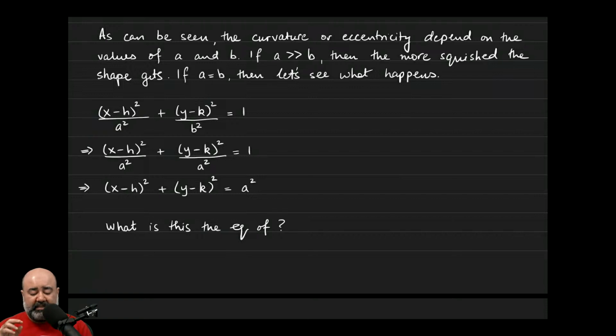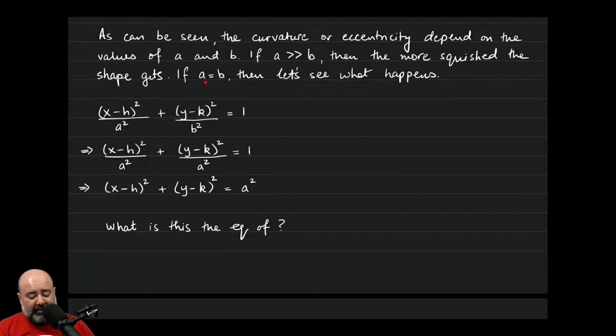If a is significantly larger than b, so let's say a is 100 and b is just 1, that means the distance from the center all the way out to the vertex is 100 on the major axis. But on the minor axis, you're only going up by 1. So think about how horizontally stretched that ellipse is going to be.